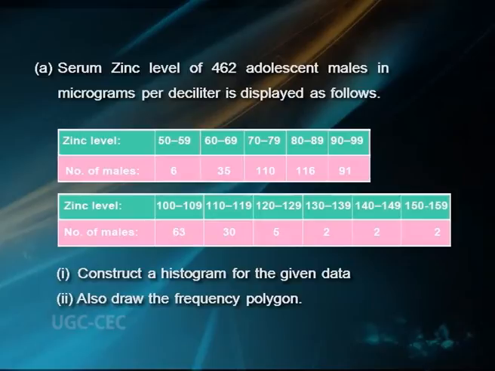Number of males 6, 35, 110, 116, 91, 63, 30, 5, 2, 2 and 2. A. Construct a histogram for the given data. B. Also draw the frequency polygon.